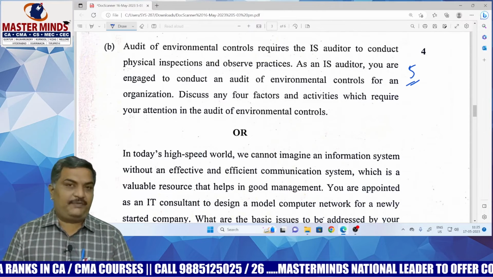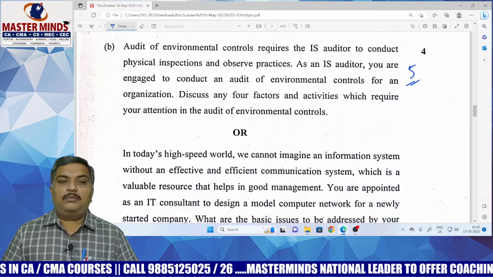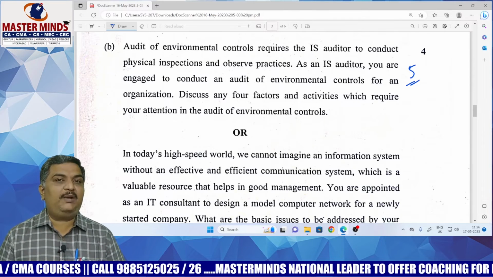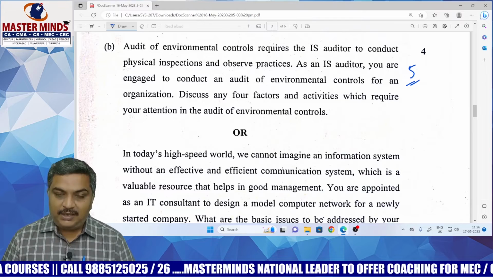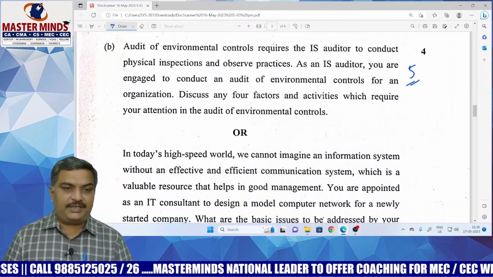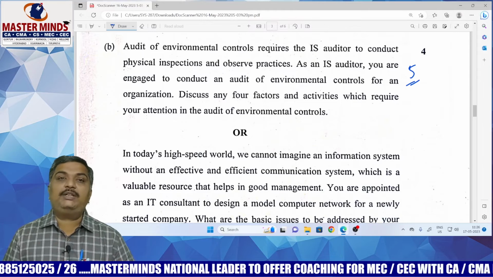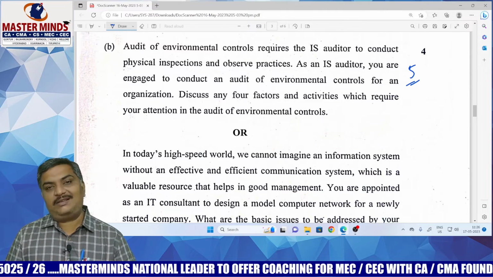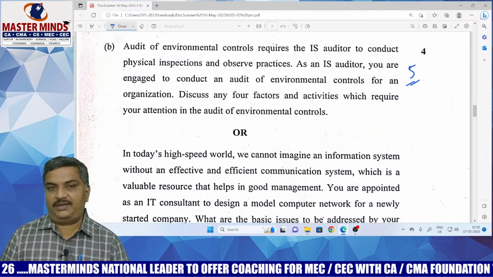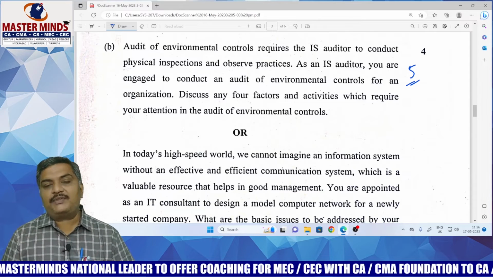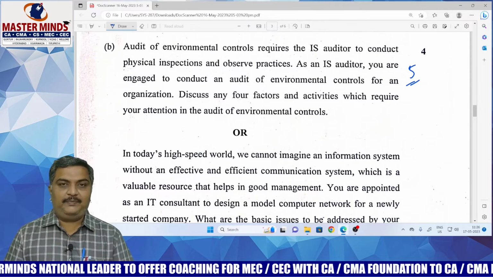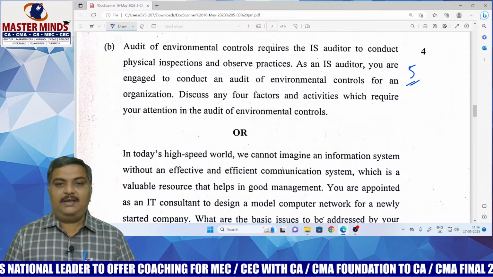So what do you have to write here? The most important thing while answering this kind of question is that some context is given in the question and you need to learn to connect your answer with that context. That is very important. So instead of directly starting your answer, the best way is this: here, what is asked?